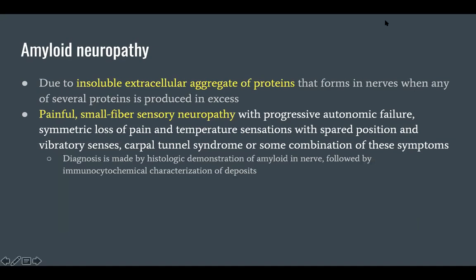Okay, amyloid neuropathy is going to be this aggregate of amyloid proteins that are going to form in nerves when they're produced in excess. So you've got an amyloid problem anyways, and it can cause a neuropathy. So we've got painful small fiber neuropathy, plus everything else that amyloid plaque can cause.